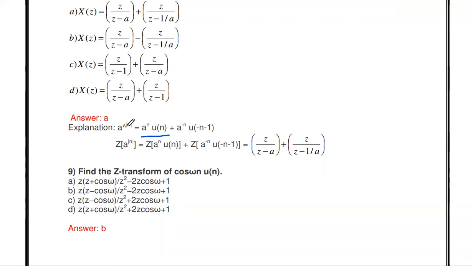If n is negative, the signal behaves as a power minus n u of minus n minus 1. So a power modulus n can be written as the addition of these two signals.